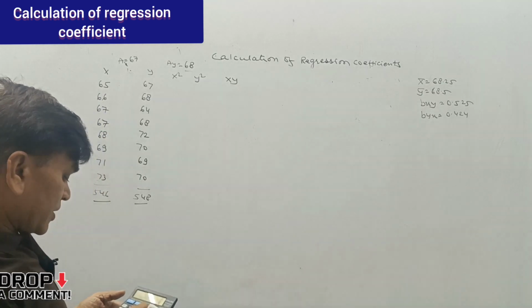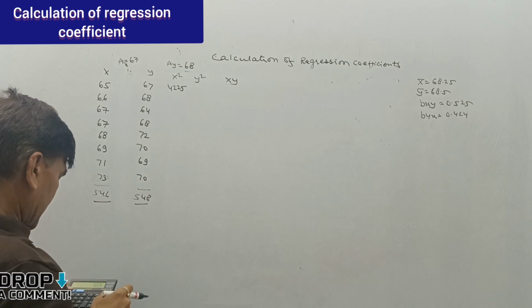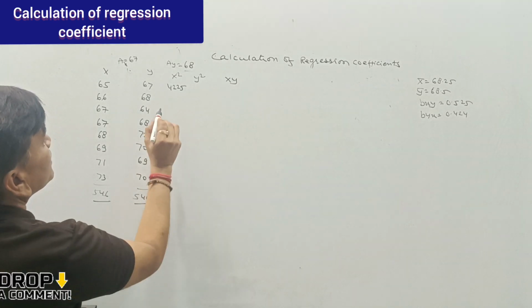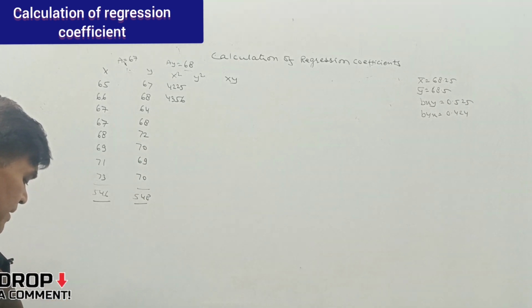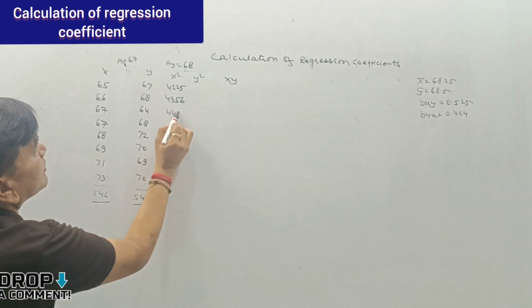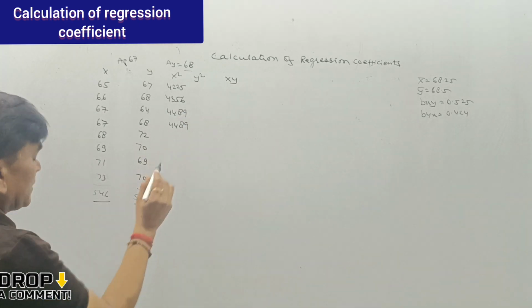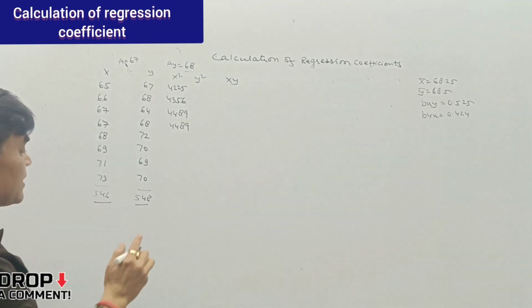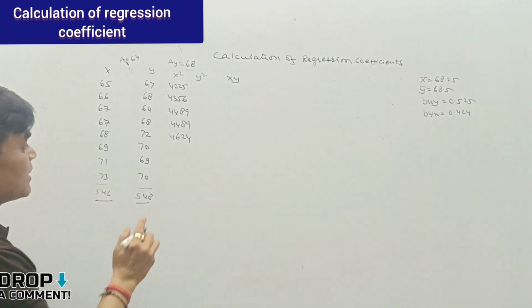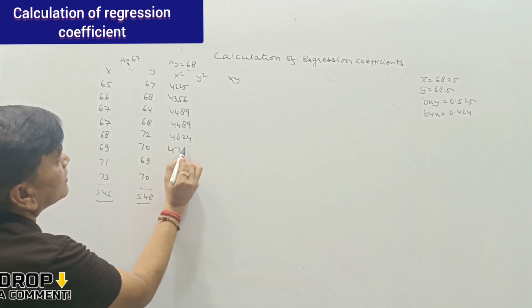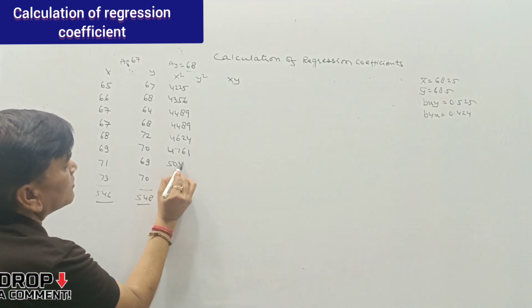Okay. So 65 multiplied by 65, that is 4225. 66 multiplied by 66, 4356. 67 multiplied by 67, that is 4489, again 4489. 68 multiplied by 68, that is 4624. 69 multiplied by 69, that is 4761. 71 multiplied by 71, that is 5041.